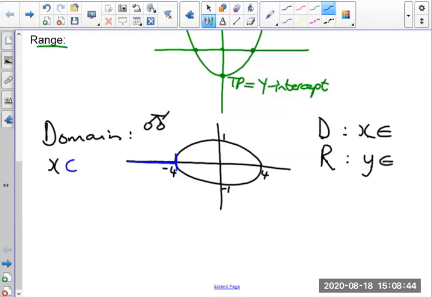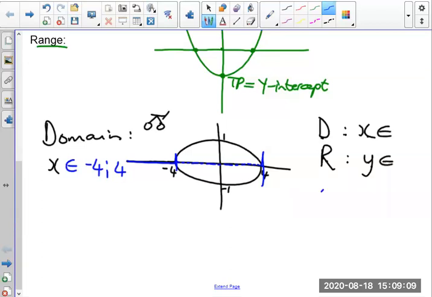So the smallest value is -4. Now you carry on with your bicycle. The last place where you will exit the graph is there at +4. So that's your domain. Now all that you must decide are the brackets, round or square.